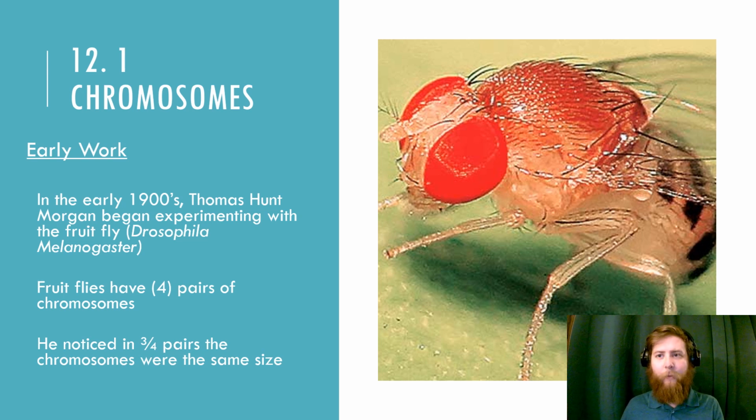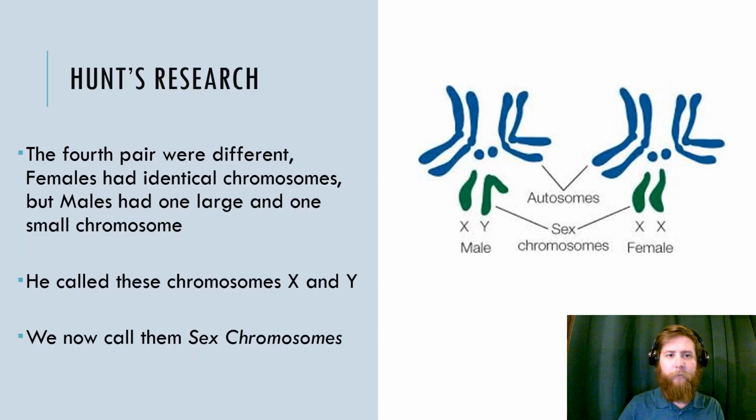And he noticed that when he looked at these chromosomes under the microscope, 3 of the 4 pairs were all the same size in all individuals. His research showed, however, that the 4th pair was different. In females, they were identical, but males had 1 large chromosome and 1 small chromosome. He called these chromosomes the X and Y chromosomes. We now refer to them as sex chromosomes.